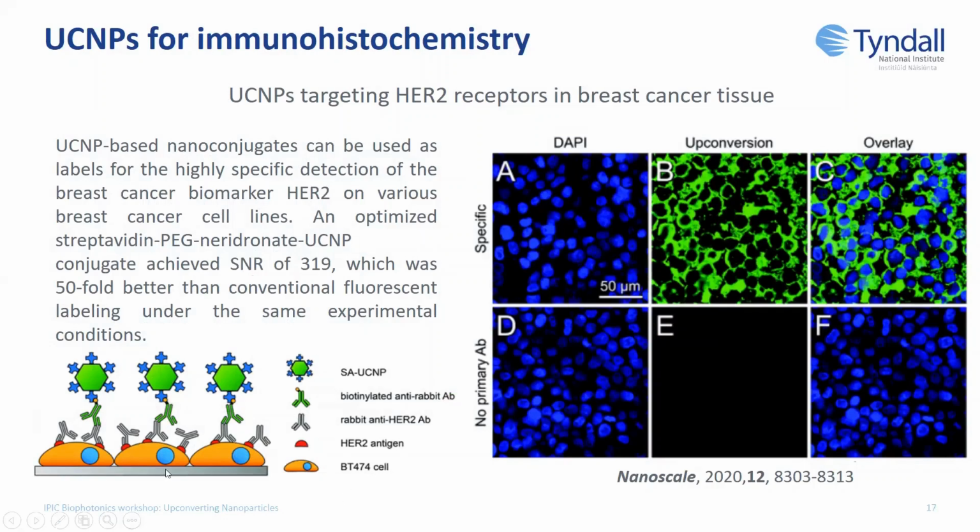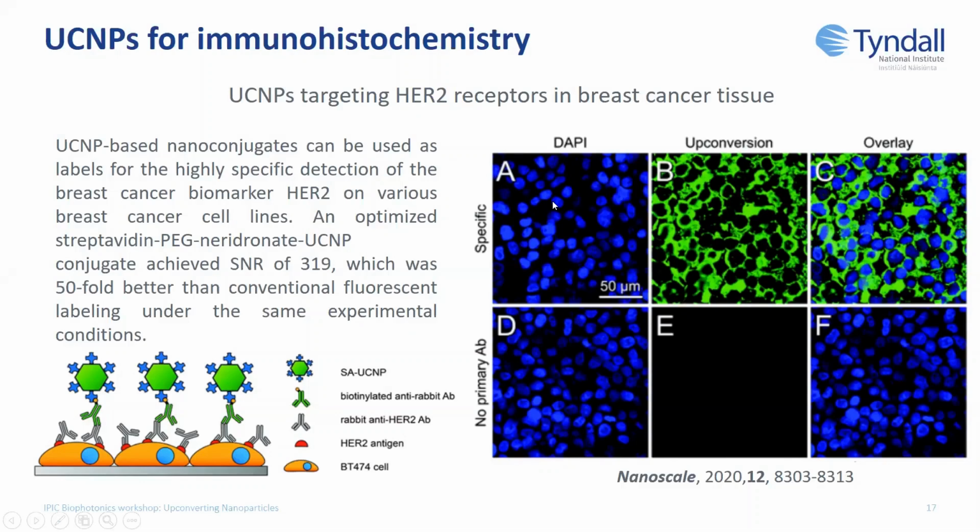So what we can see here is actually upconverting nanoparticles that were surface modified to target HER2 receptors, which are very important receptors in diagnosing breast cancer. So depending on the receptors present in the cancer, the following treatment would be different.